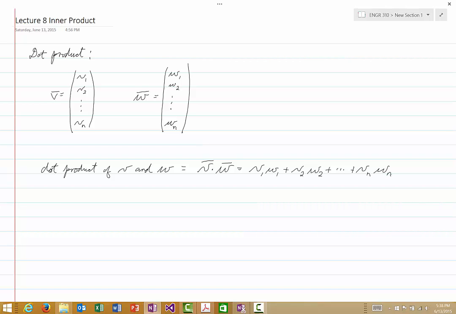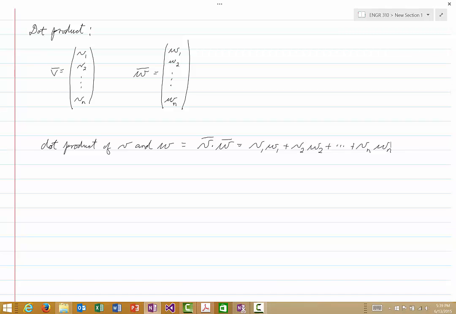So you can see from this definition that it would not make sense to take the dot product of two vectors that have different dimensions. For instance, it would not make sense to take the dot product of a vector from R2 with a vector from R3, because one would have two components and the other would have three components, and therefore you couldn't form all the necessary products that you need in computing the dot product. So this is how we define the dot product of two vectors.